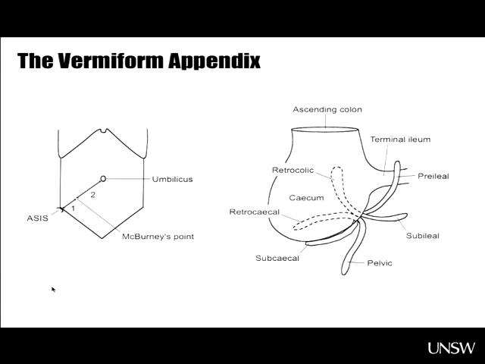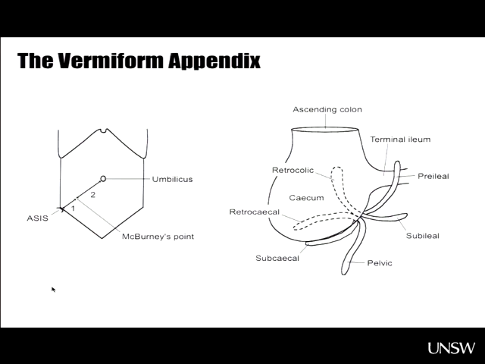So for example, if you've got a pelvic appendix that goes down into the pelvic cavity and it becomes inflamed, the patient won't necessarily get abdominal tenderness. What they will get is a tenderness to rectal examination, digital rectal examination, because all the inflammatory process has actually gone down into the pelvic cavity.